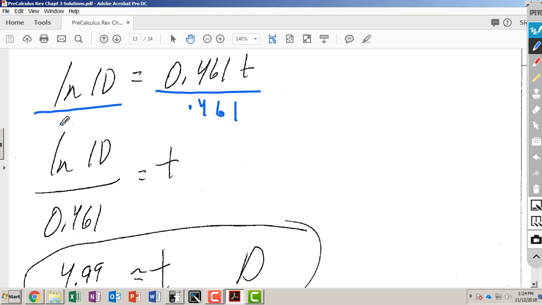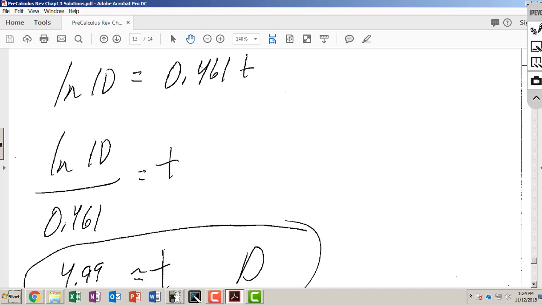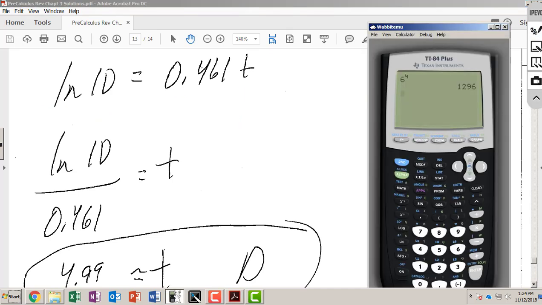And then I just go ahead and put it into my calculator. So putting that in my calculator, I've got the ln of 10, and then divided by 0.461.